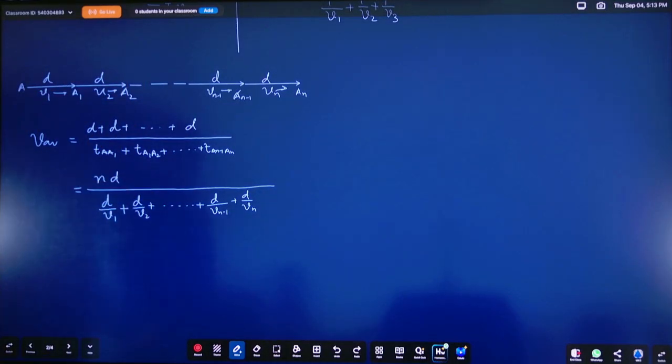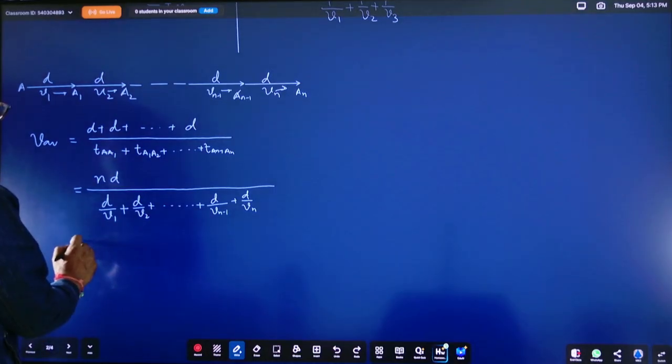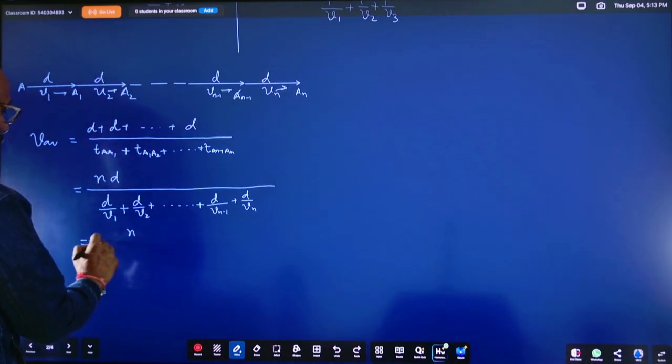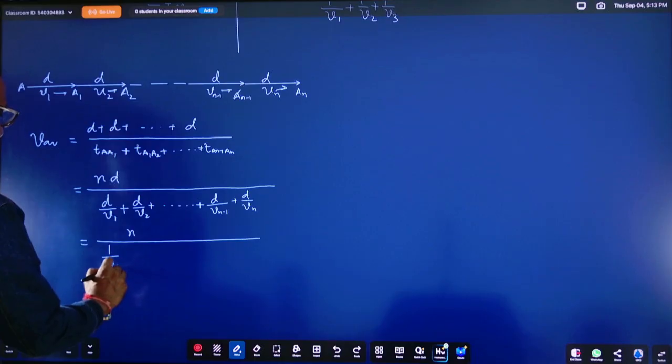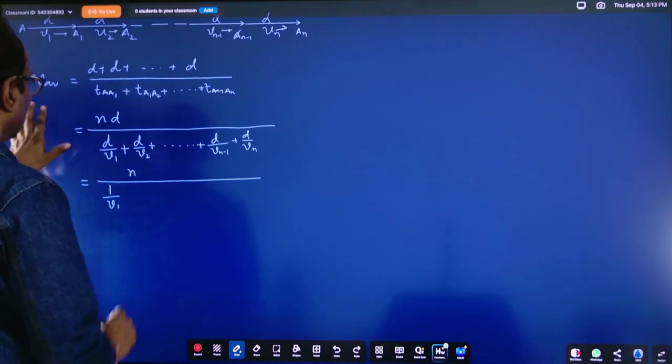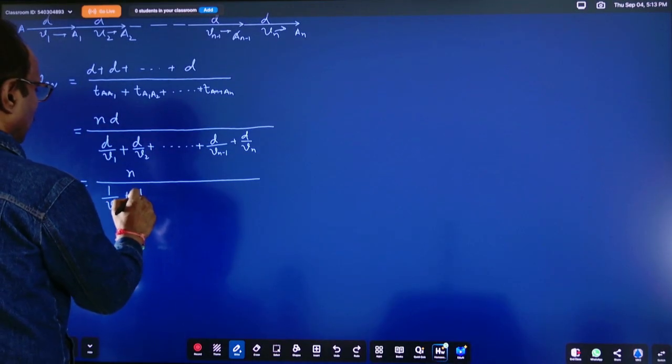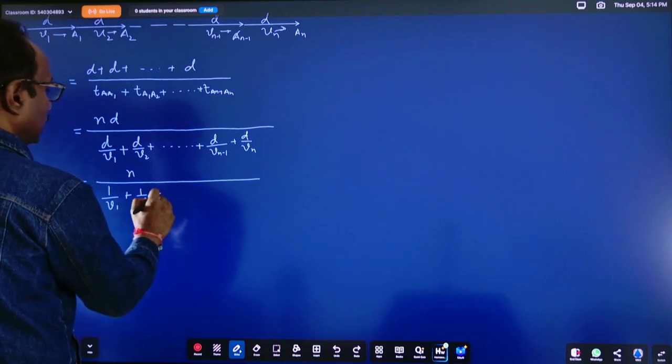So your d will cancel out. So what will remain? n divided by 1 by v1 plus 1 by v2 and so on.